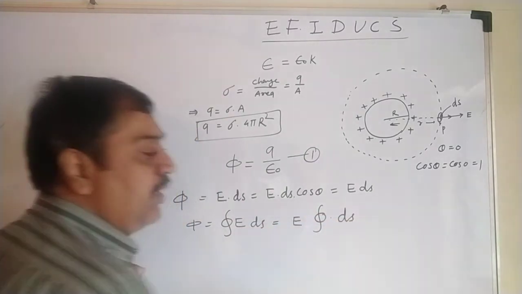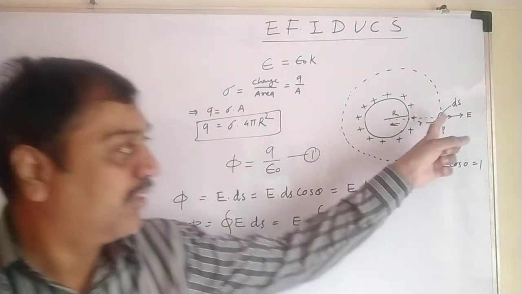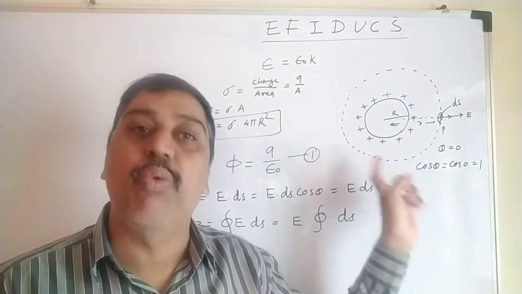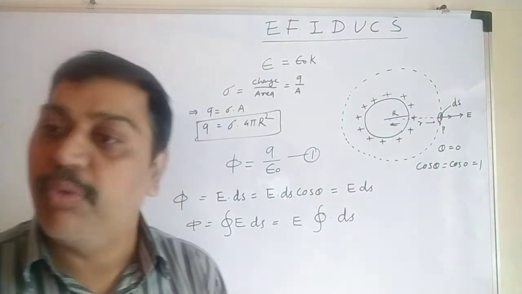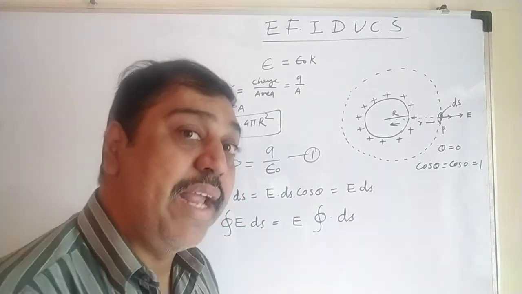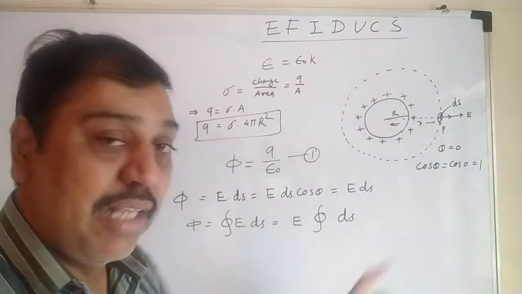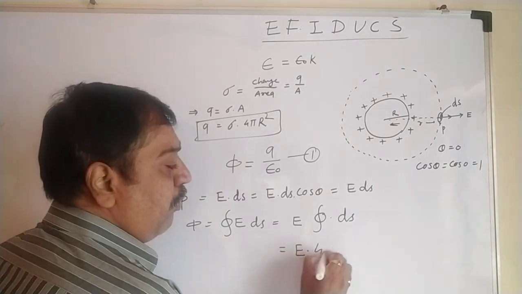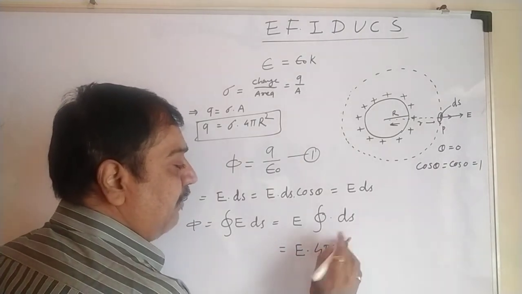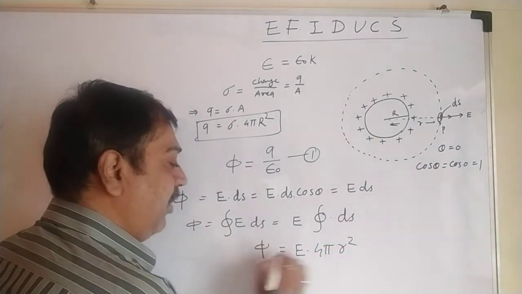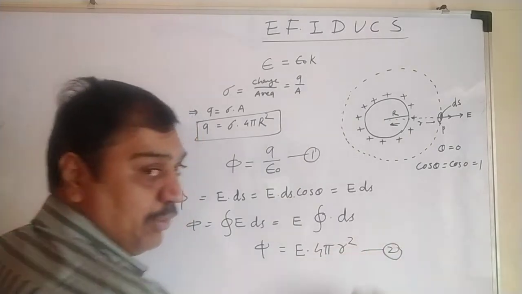This ds is a very small area. If we integrate, we get the whole Gaussian surface, which is the area of this dotted sphere, so phi equals E into 4 pi r square, where r is the small r. Let us consider this equation 2.